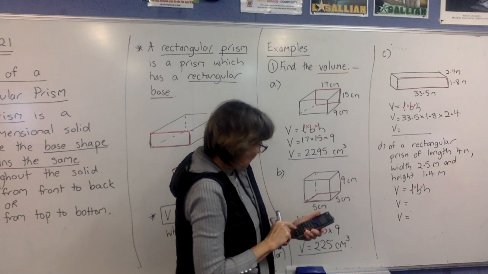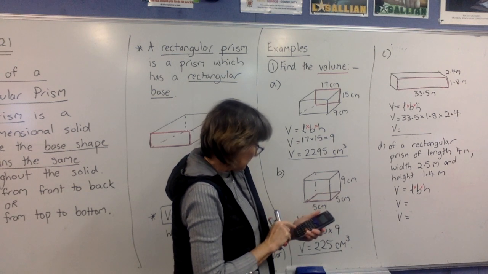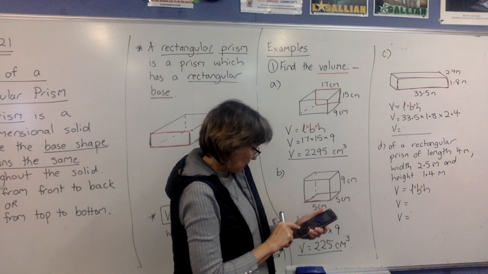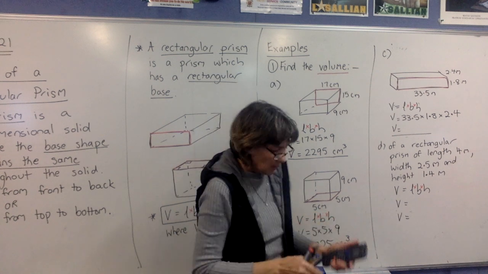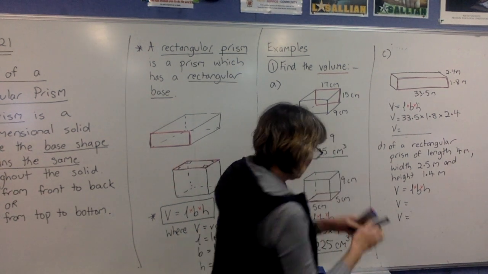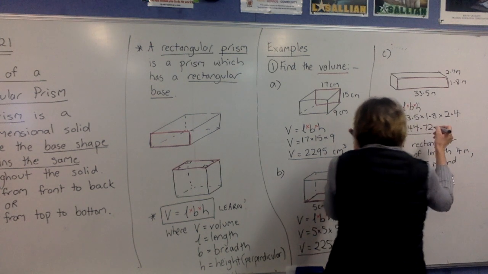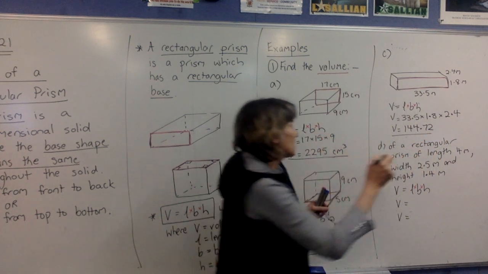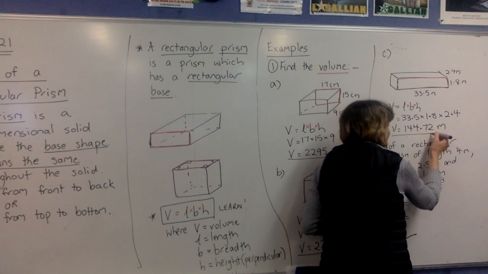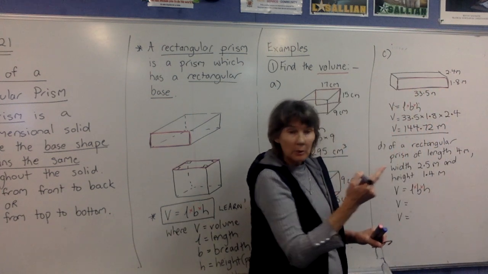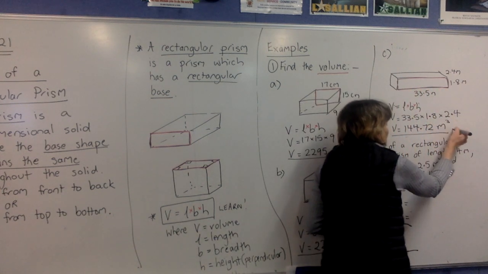So 33.5 times 1.8 times 2.4, 144.72. Now this time the units are in metres, so we put metres. And we're doing volume, so we have a cubed there.